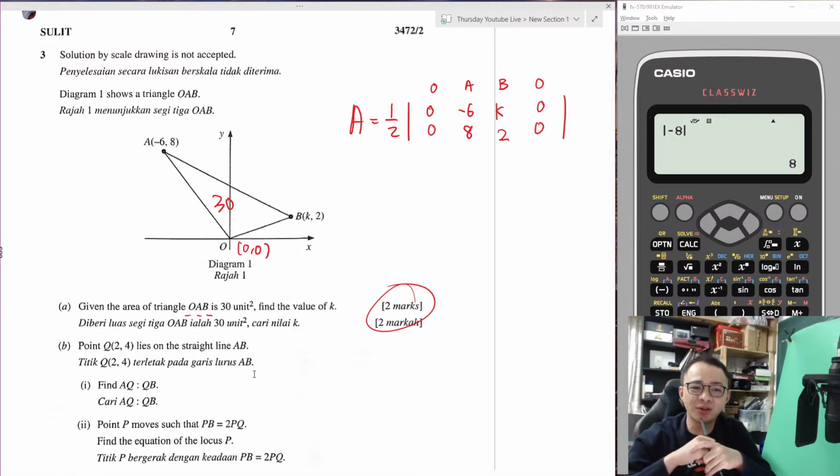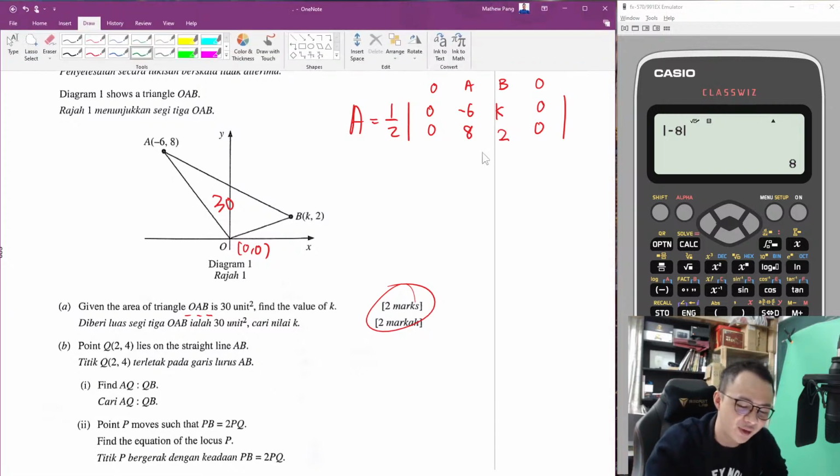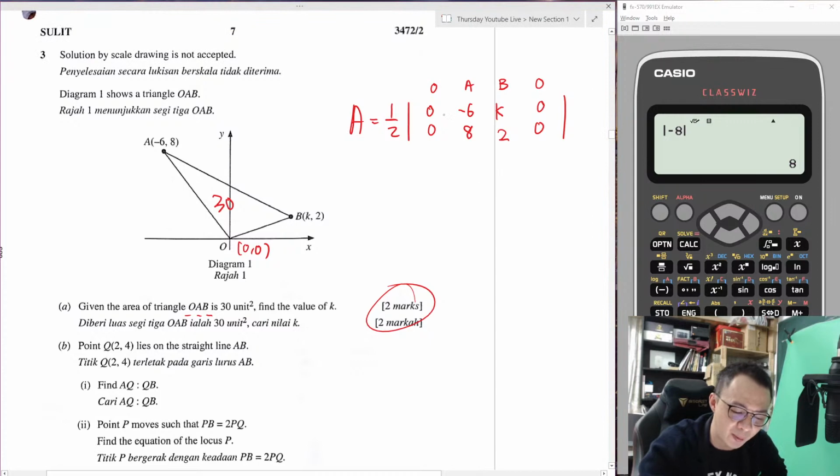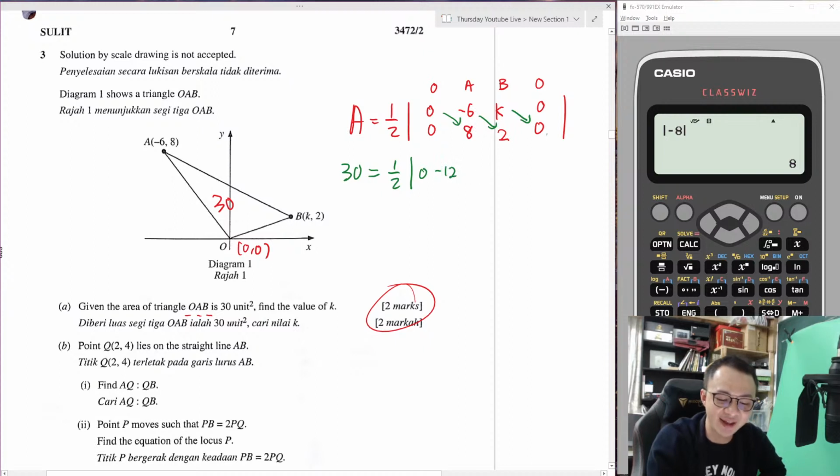I think solving of triangles is still in the syllabus. Yes. Alright, the first thing I will do is multiply like this. My area is 30. 1 over 2, 0 multiplied by A is 0, plus 2 multiplied by -6 is -12, plus K times 0 is still 0. Close the bracket.